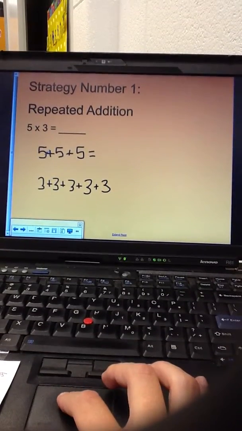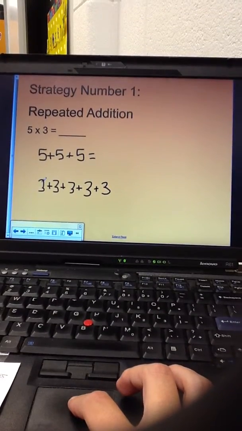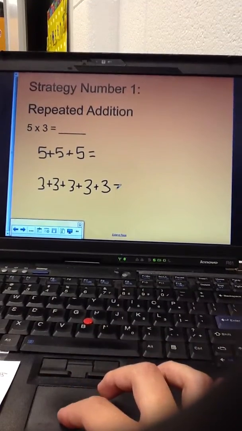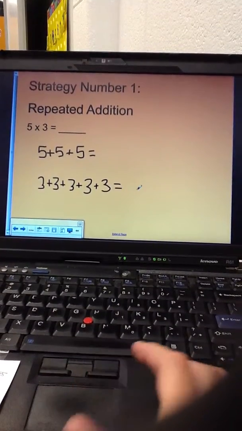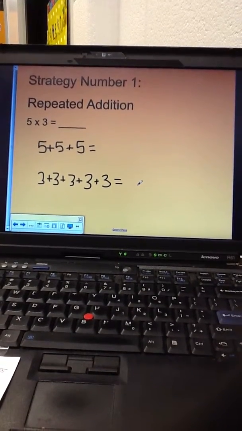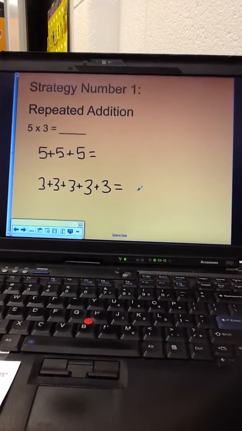So notice I have 3 5s, 1, 2, 3, 5s, or 5 3s, 1, 2, 3, 4, 5. And I could add those together and get my answer. Solve both of those problems and see if you can add those together in your math journal and see if you can come up with the answer to 5 times 3.